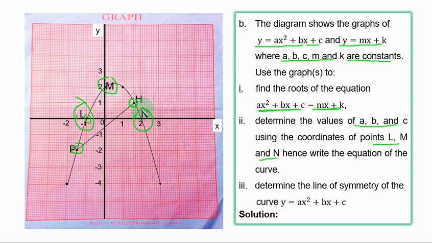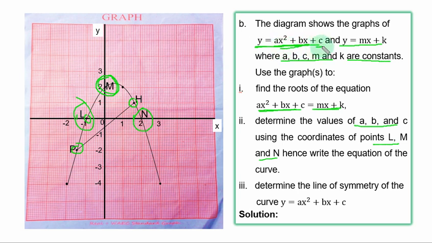When you are doing it using coordinates, you start with the intercept on the y-axis. At this point, s is equal to 0. So if you put s equal to 0 in this equation, you have y equal to 2. That is this point. So you put y equal to 2 and s equal to 0.